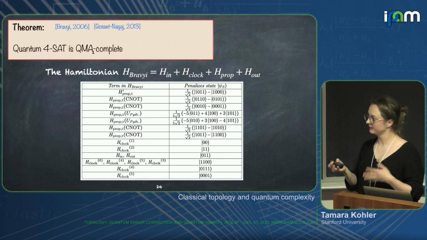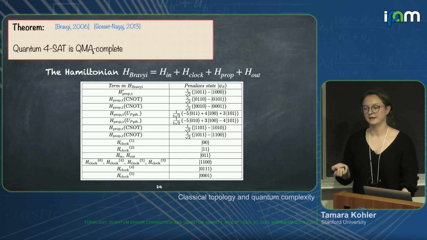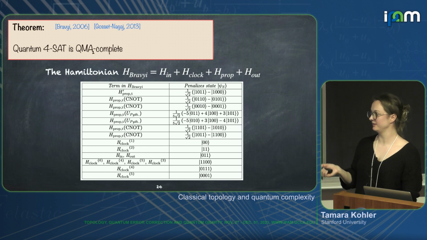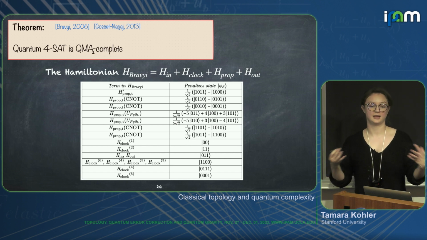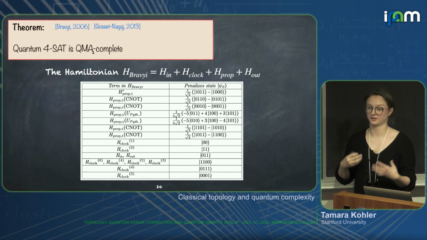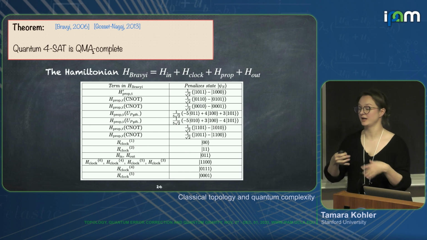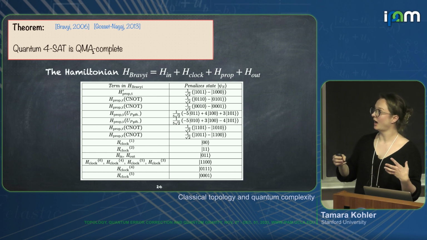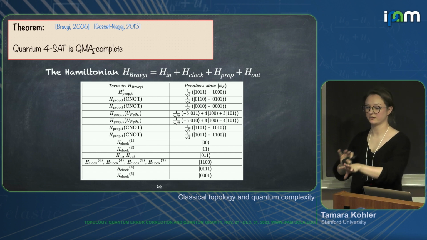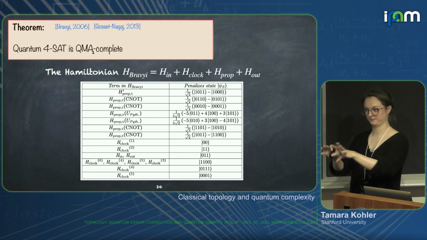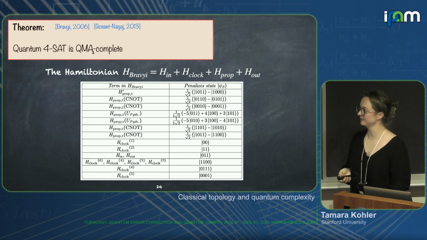So the strategy for our proof is going to be to show that we can implement this finite set of projectors within the clique complex of some graph. And then given any circuit, given any Bravyi Hamiltonian, I can build up my graph by putting all these projectors together.